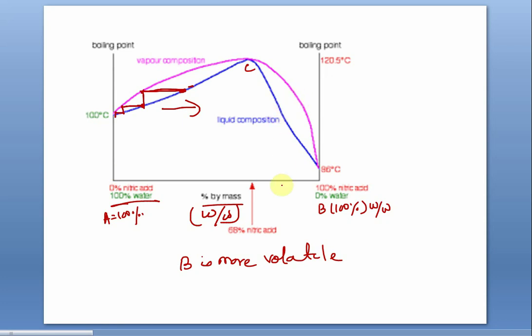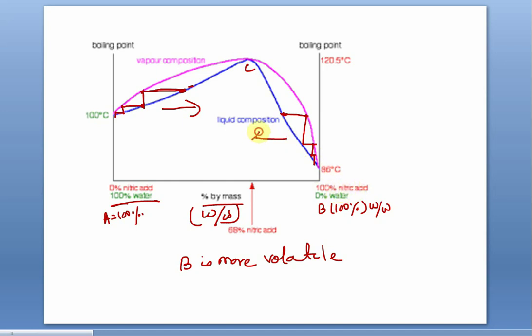Similarly, if I select a composition to the right of 68%, right of the azeotropic point, supposing I give you say 80% nitric acid and 20% water. As you distill, the distillate will be richer and richer in nitric acid, which is more volatile because it is heading towards the right, and ultimately in the distillate you will get pure nitric acid. 100% nitric acid you can get in the distillate.